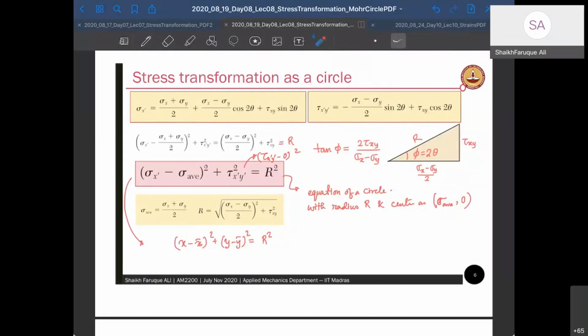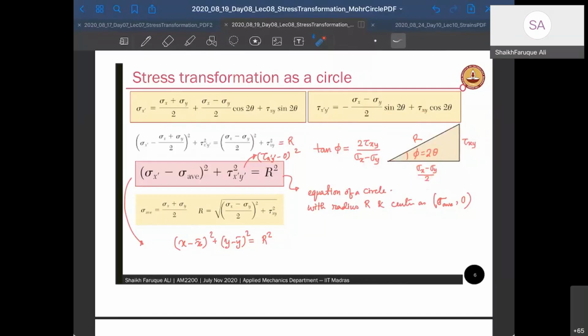Right? So if you take a ratio of them, tan phi becomes 2 tau xy divided by sigma x minus sigma y. If I represent this angle by 2 theta, then this is sigma x minus sigma y, and that is tau xy, and this is your radius r.